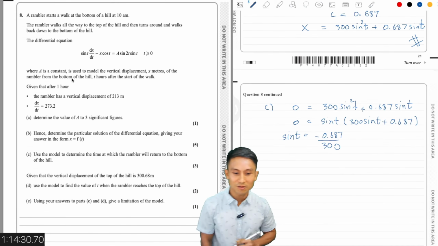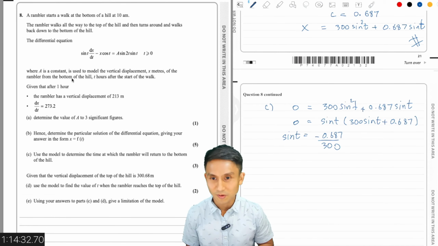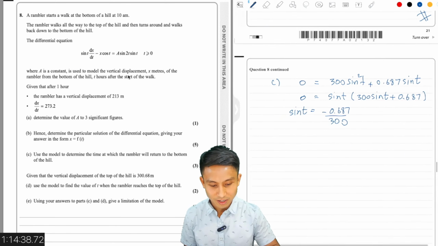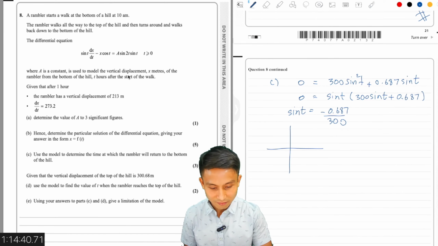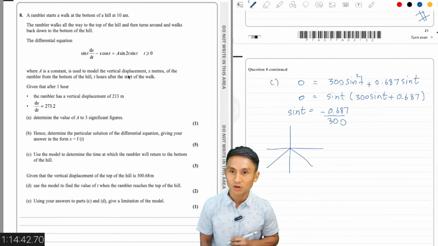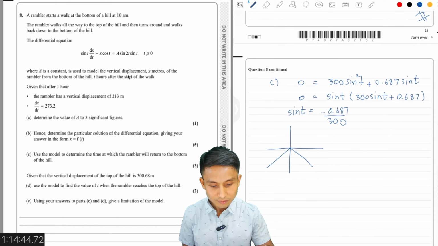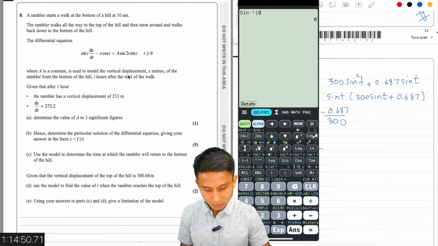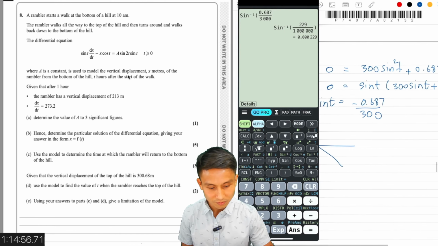I don't like the number here. It's too small somehow. Yeah, it's very small. Well, let's go with the flow, right? Well, this is sine of a negative, so I should get 2 quadrants down there. So let's do arc sine with the radian again. 0.683 divided by 300. That's pretty small.